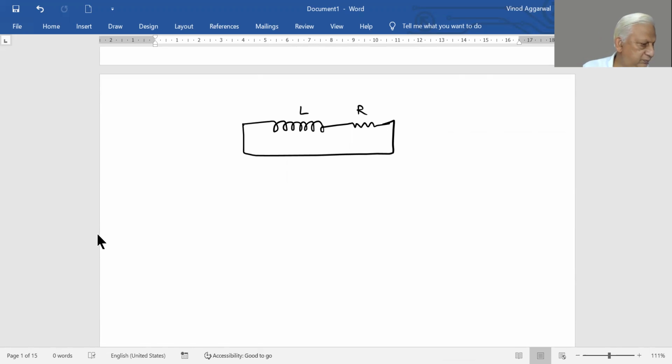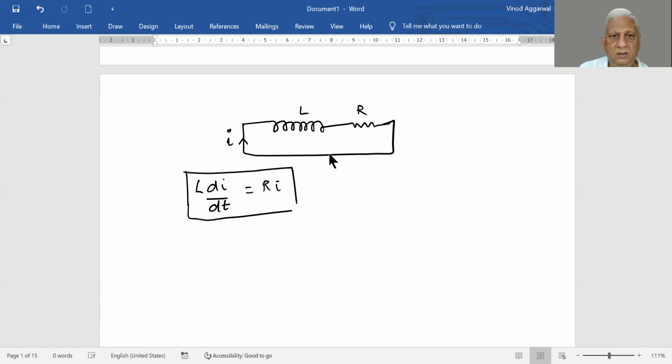If we do this, then this is the voltage which is across L. The same voltage is available to R. If we say this is the current I, this is the differential equation that we get in the case of discharging of an LR circuit.